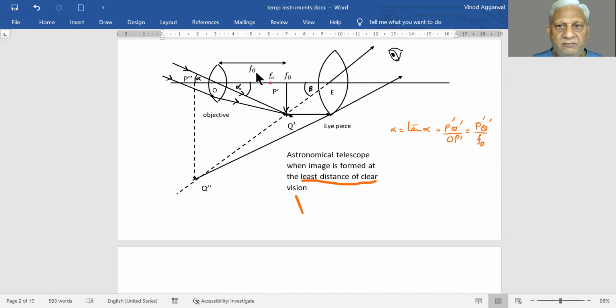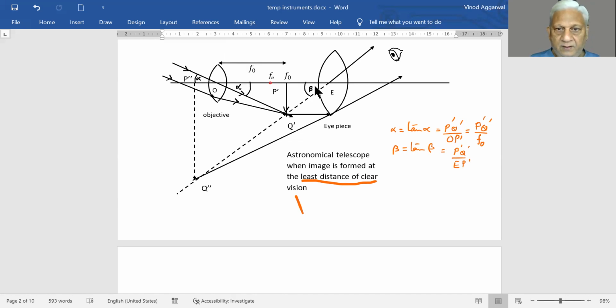This length is nothing but FO. Similarly, what is beta? Beta is this angle. It will be this divided by this distance. Beta will be defined as P dash Q dash over EP dash. This is EP dash.